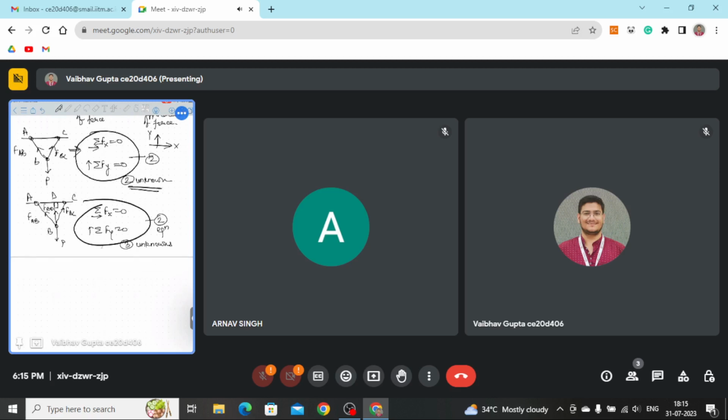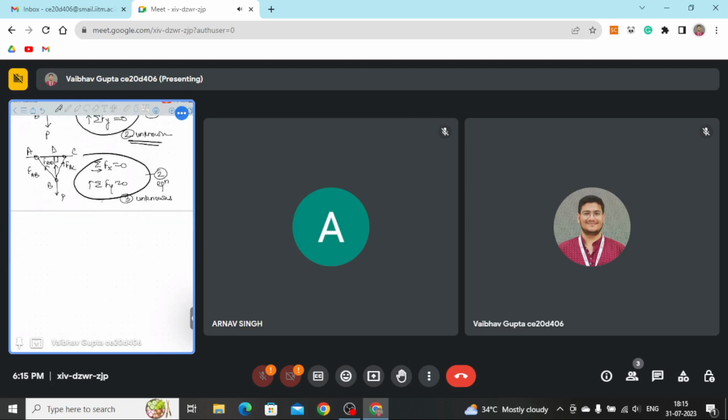Moving ahead, in this course we'll be dealing with four basic concepts of equations to be used.